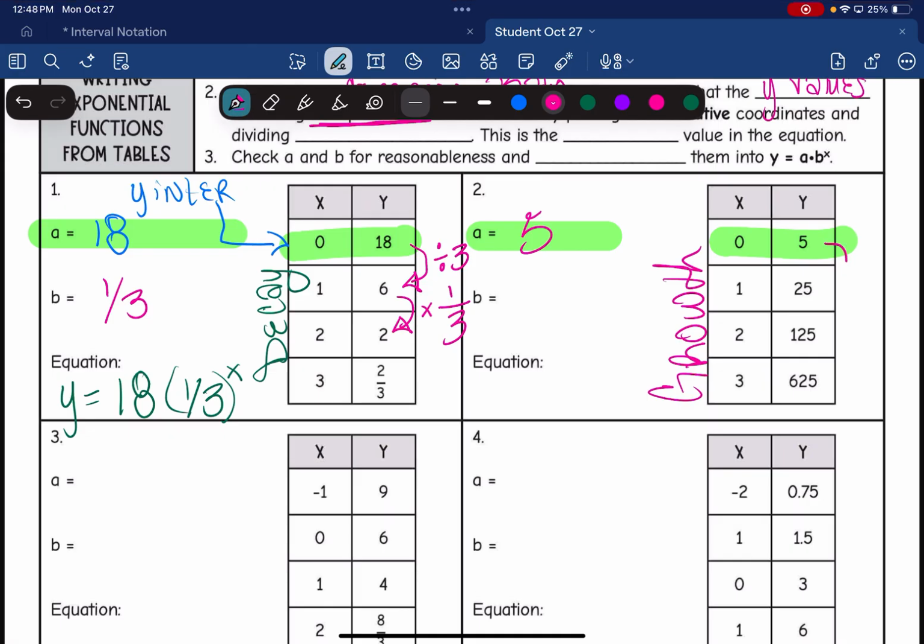How did I go from 5 to 25? Times 5. And 25 times 5 equals 125. So my common ratio is also 5. Thus, my equation is y equals 5 times 5 to the x power.